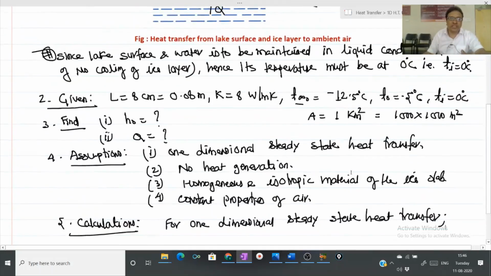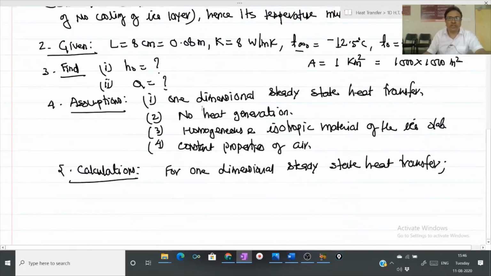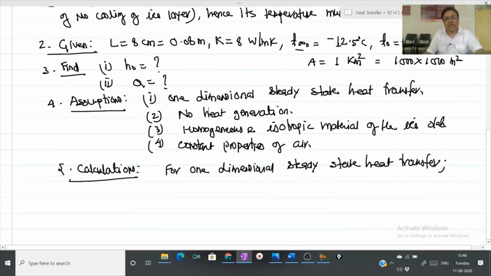As we can see here, from lower surface of the layer to upper surface by conduction, and from upper surface to the ambient air will be by convection. That is why I have written steady state heat transfer.